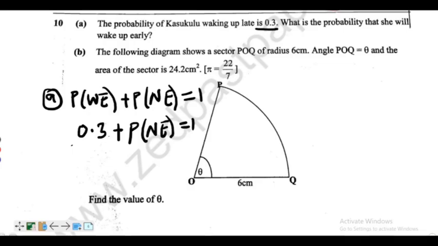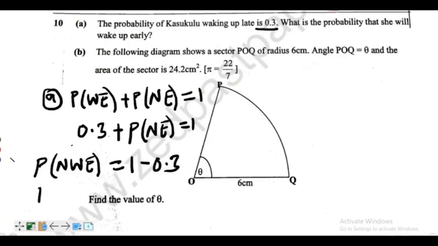Now from here we can collect the right terms. So we are going to remain with the probability of not waking up early equal to 1, and 0.3 will go to the other side to become negative 0.3. So the probability of not waking up early is equal to 1 minus 0.3.